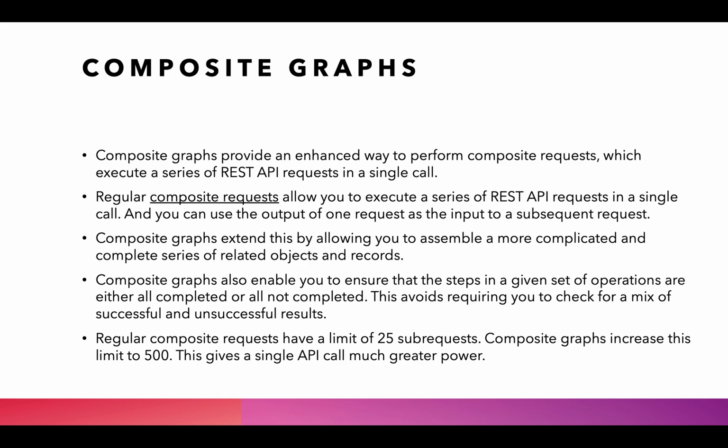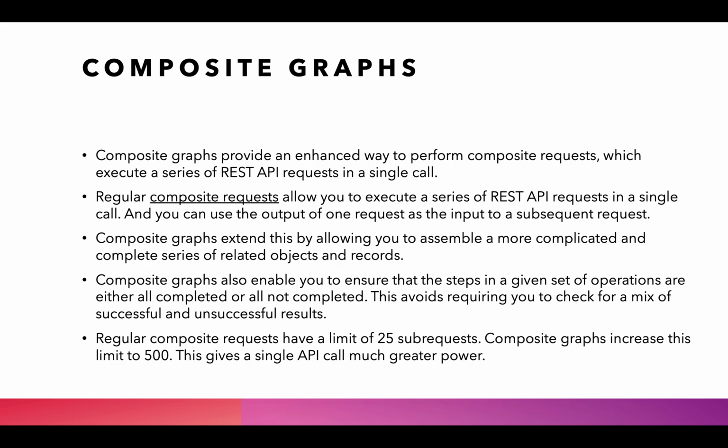It also ensures that the steps in a given set of operations are either all completed or all not completed. So the same concept of all or none, that flag is still available within this composite graph connector.